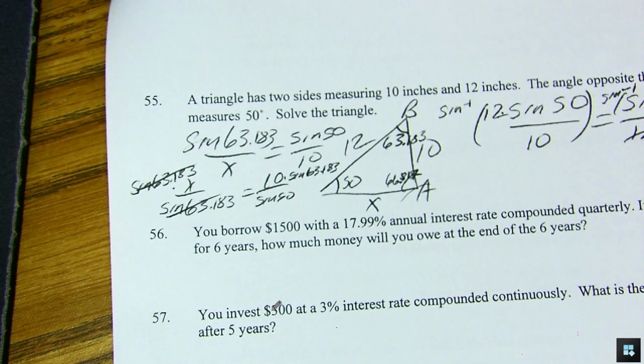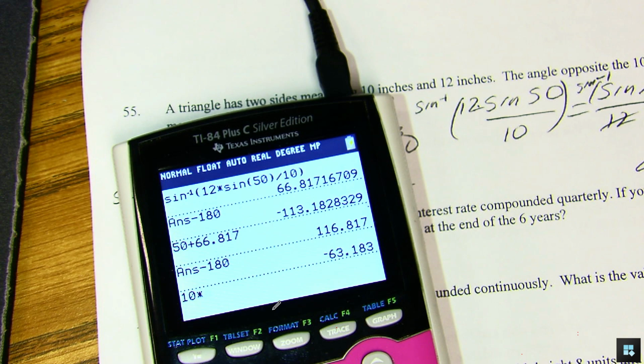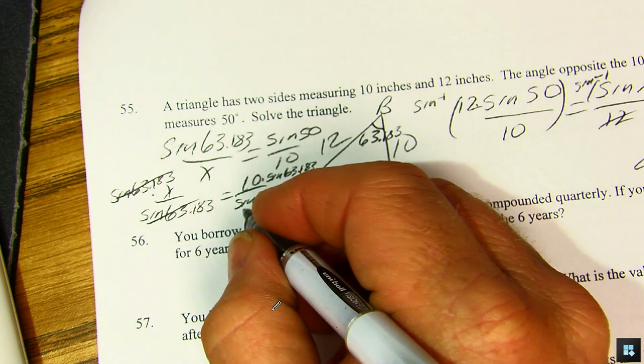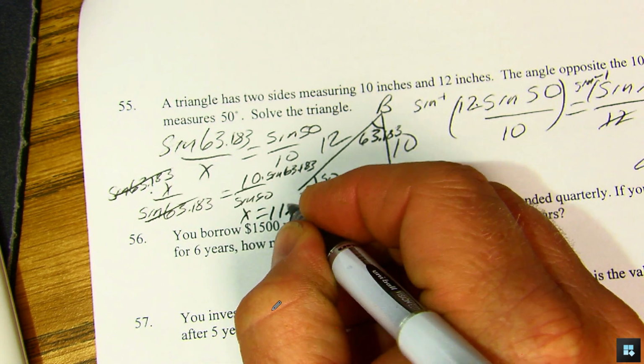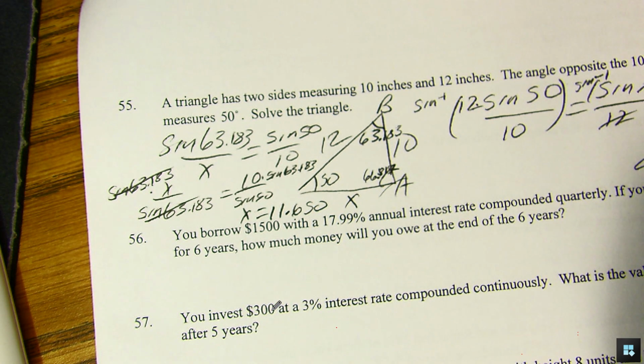In my calculator, I would take 10 times sine 63.183 divided by sine 50, and I get 11.650.